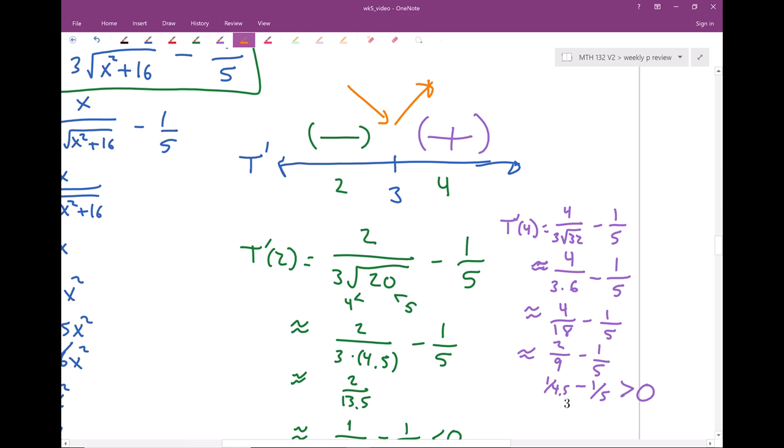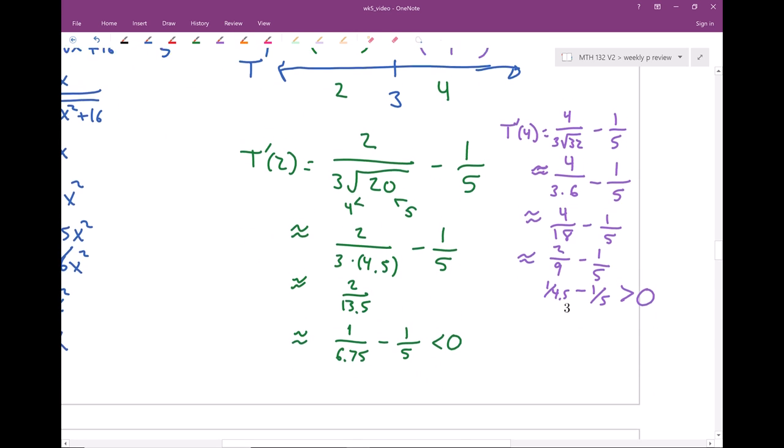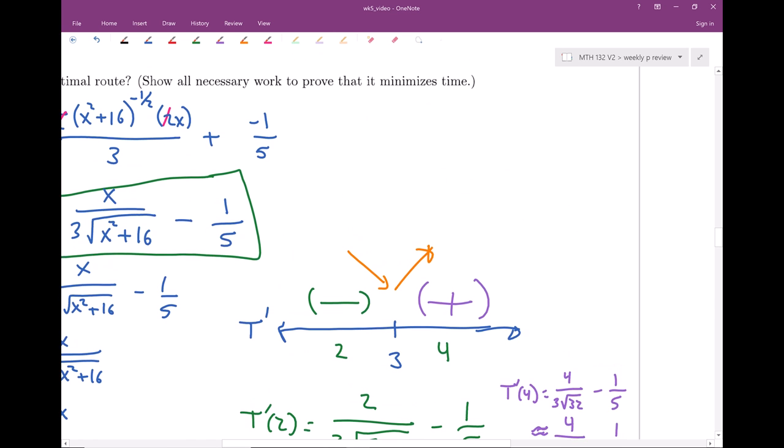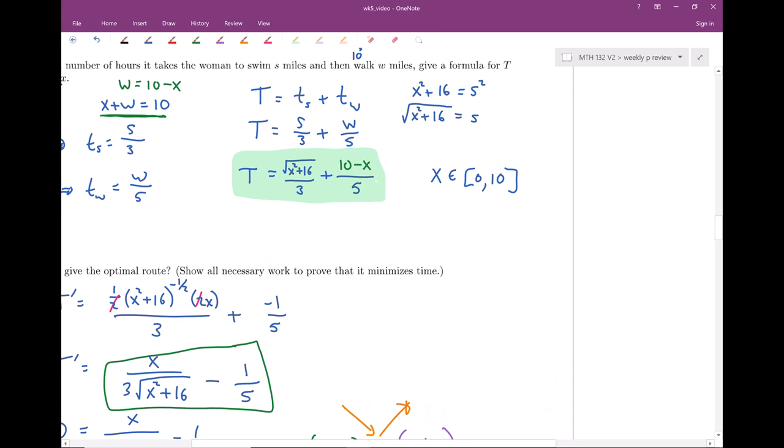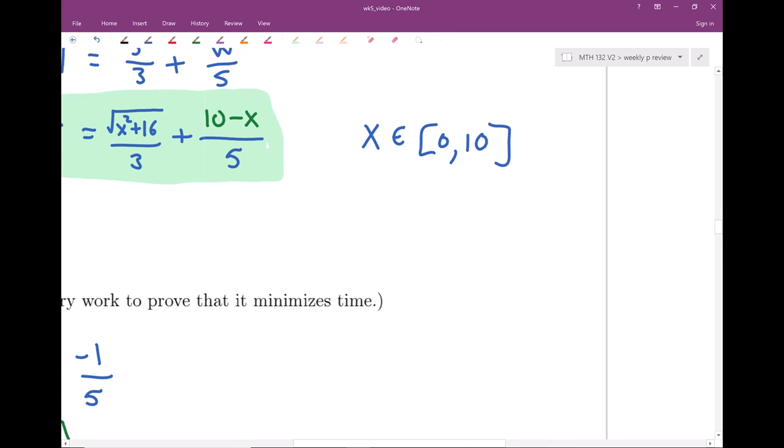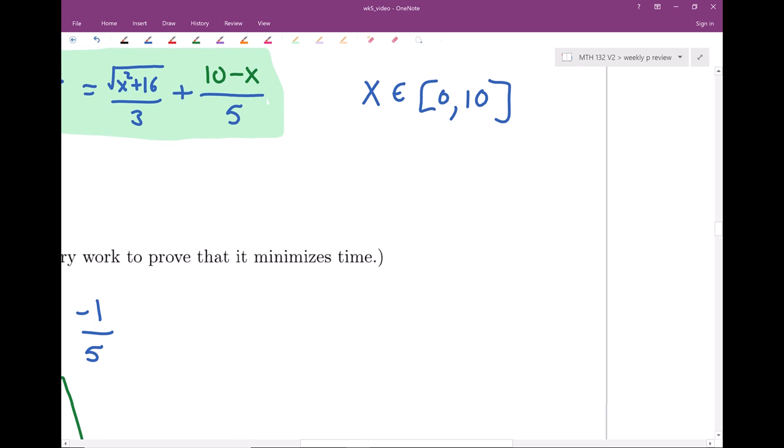The other way that you can do this, and I've shown you kind of the more difficult of the two, because if you go this route, it is possible, but you have to do these estimations right here. The other way that you can do this problem is with the closed interval method, because our domain is a nice closed interval. So back from 3.1, we learned about the closed interval method, and this says that you would need to calculate out t of 0, t of 3, and t of 10.